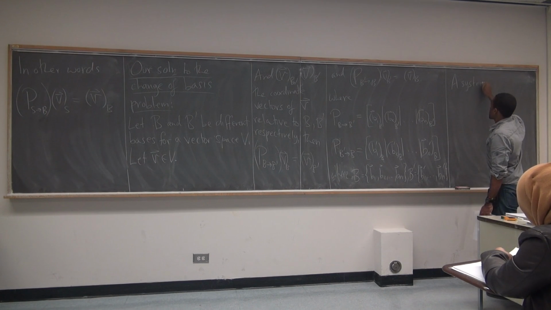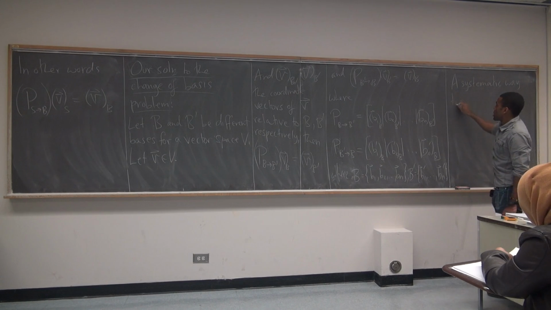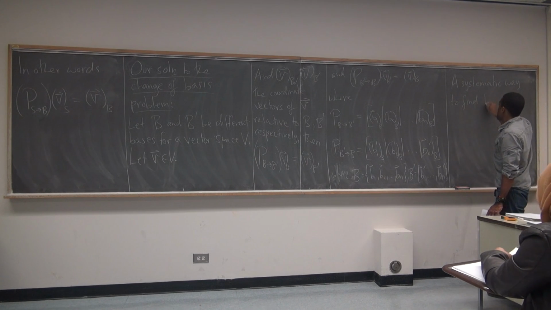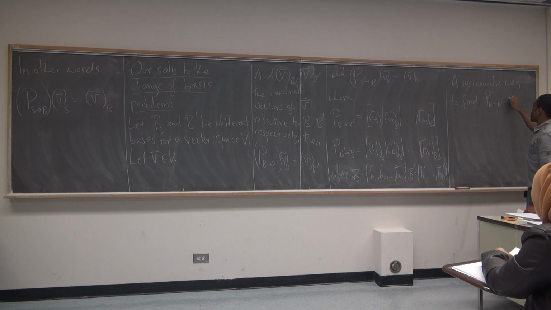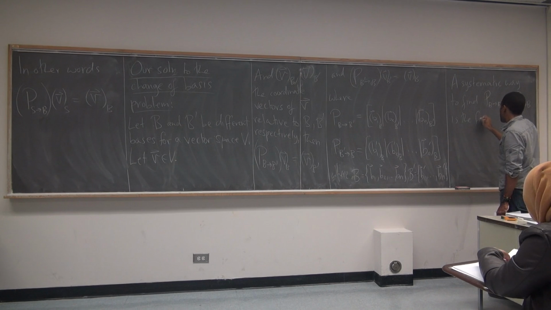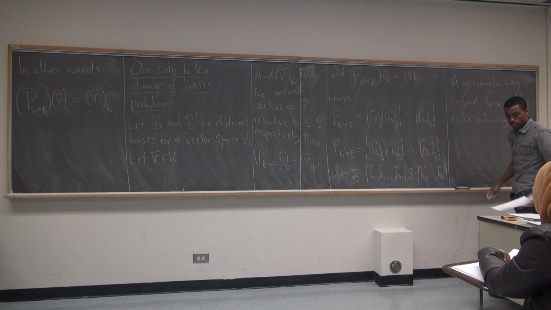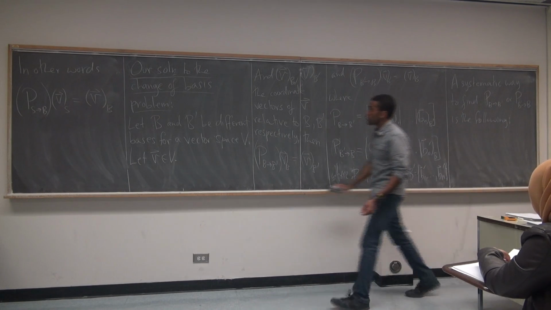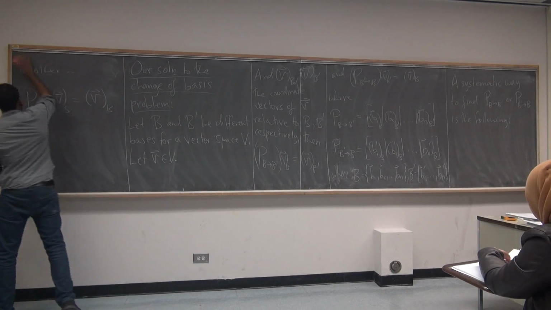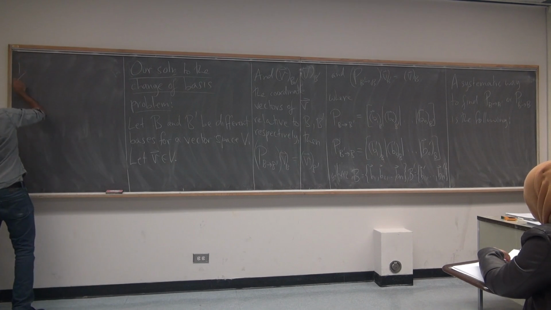A systematic way to find P from B to B prime or P from B prime to B is the following. One.